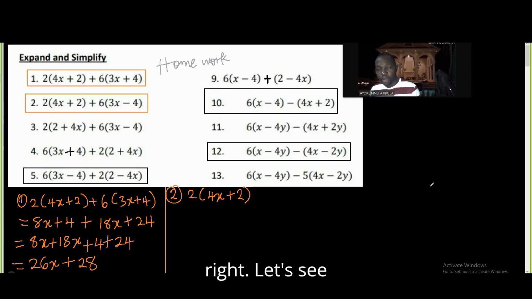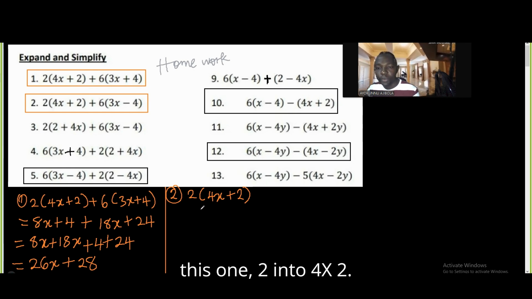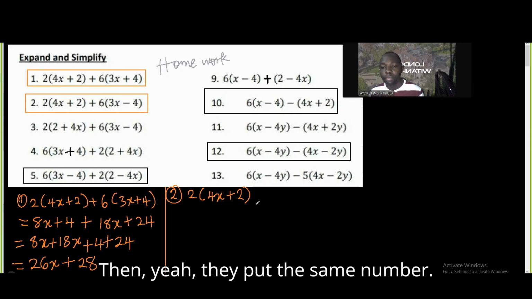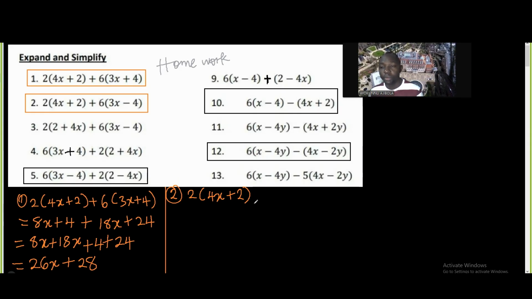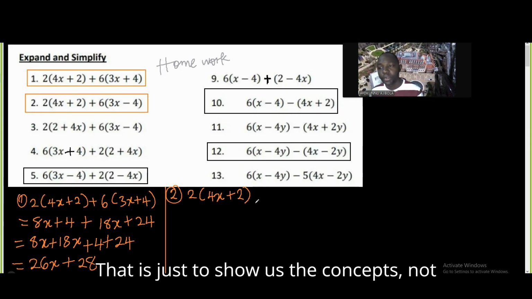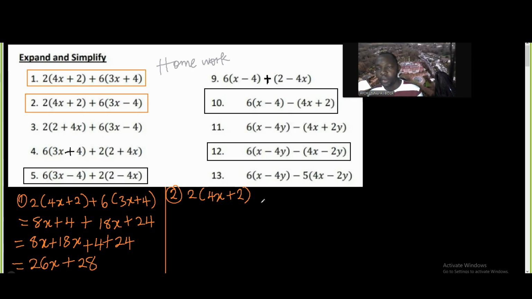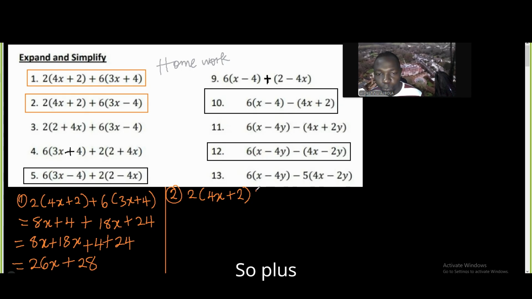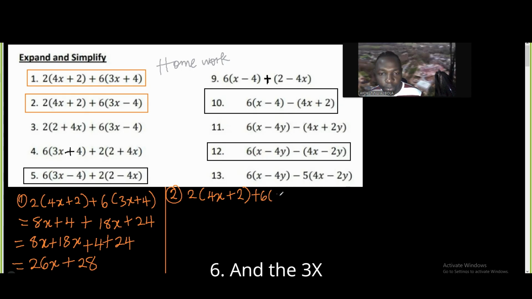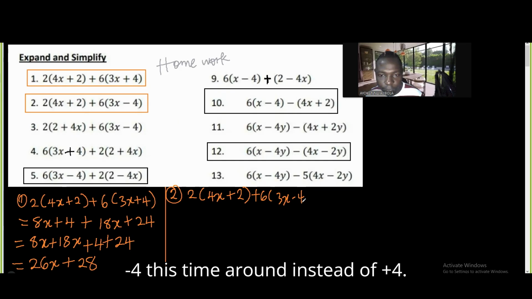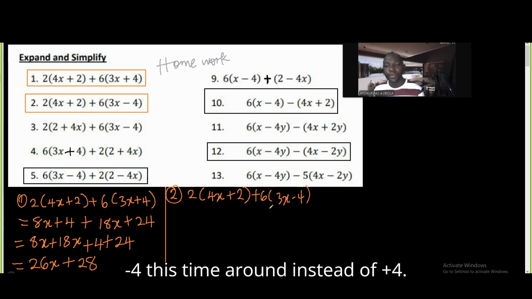All right. Let's see. This one, 2 into 4x plus 2. They put the same number just to show us the concept. Plus 6 into 3x minus 4 this time around instead of plus 4.